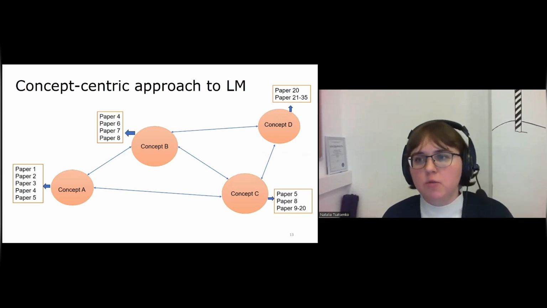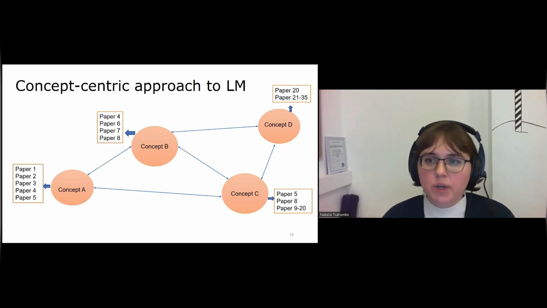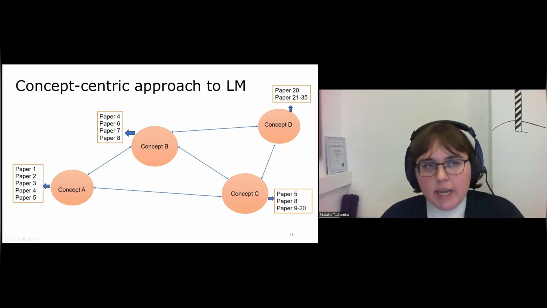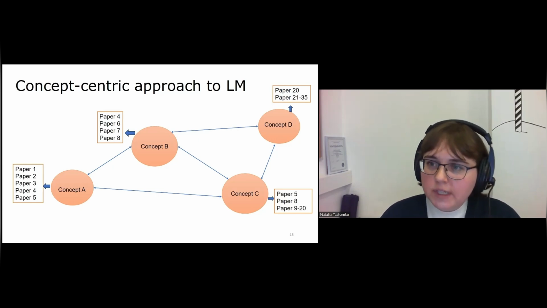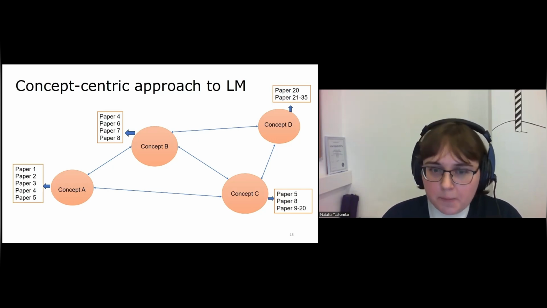But the idea is the following. For example, we have 35 papers, and our topic can be divided into 4 concepts, A, B, C, and D. As you can see, concept A is associated with 5 papers. But concept A is connected with concepts B and C, but not with D. In the literature review, our task as scholars is to show this connection between different subgroups of papers and make the bridge between them.